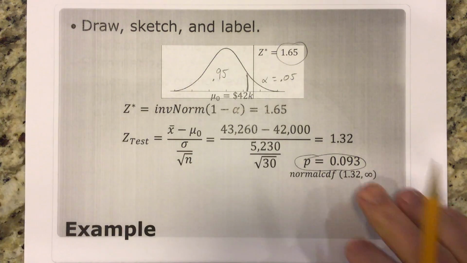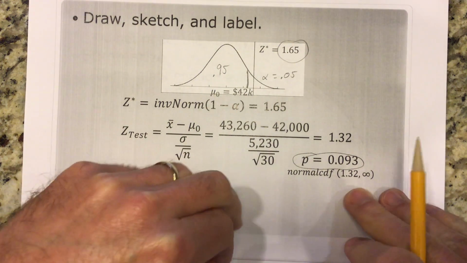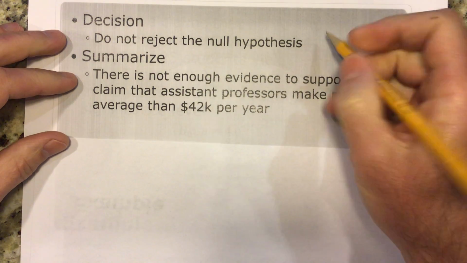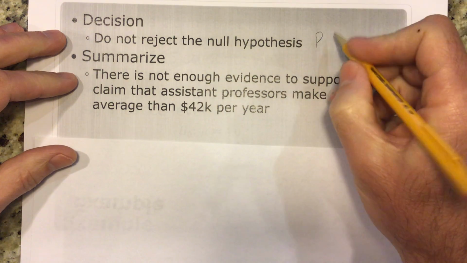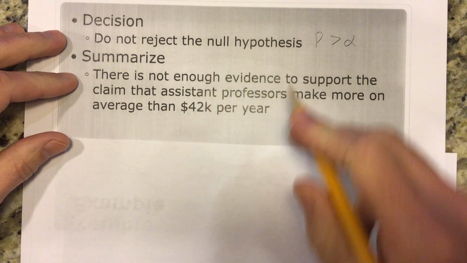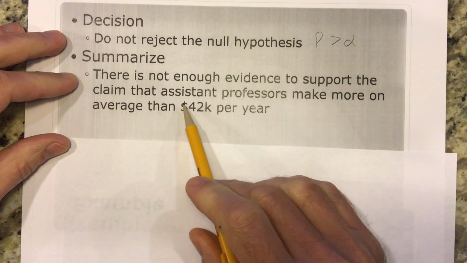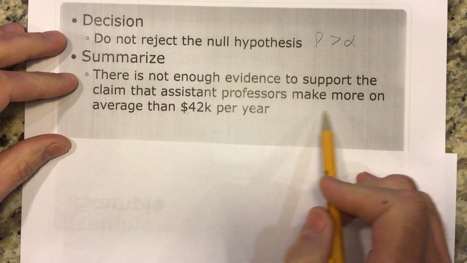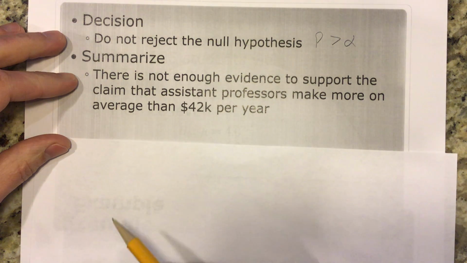So the conclusion: we didn't have enough evidence, because our p was greater than our alpha. So the conclusion is we cannot support the claim that assistant professors make more than $42,000 per year on average.